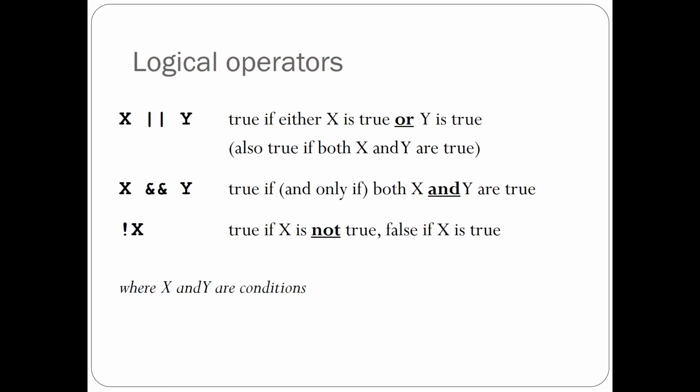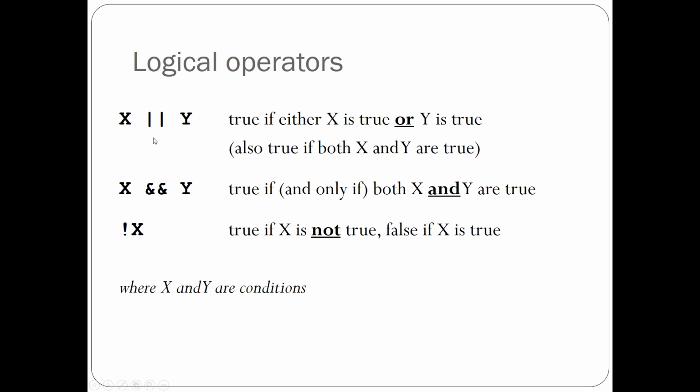So in the first example here, we've got an example of a logical OR. If you remember, a logical OR means that either side of the condition can be true in order for the entire statement to produce a true.